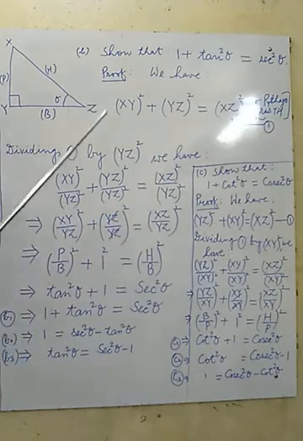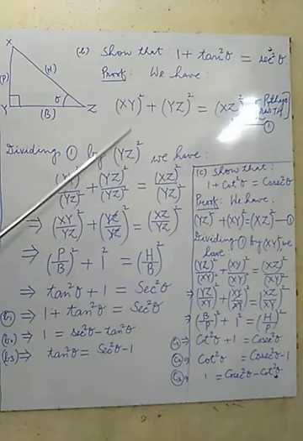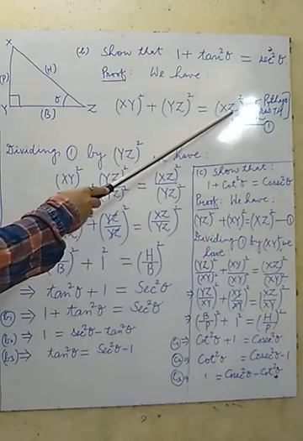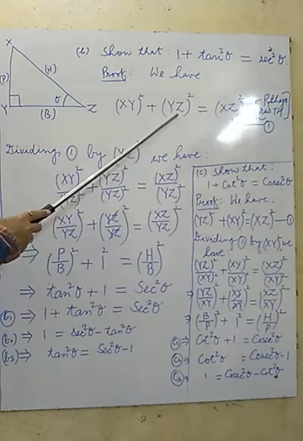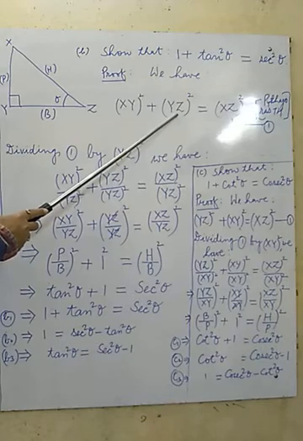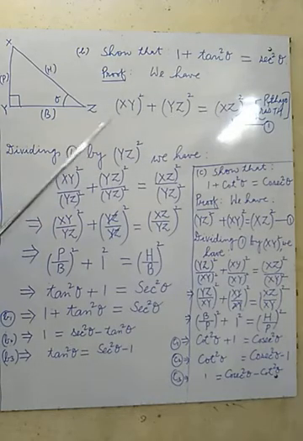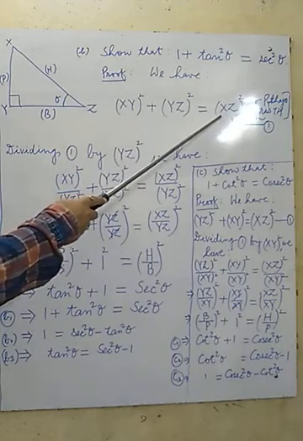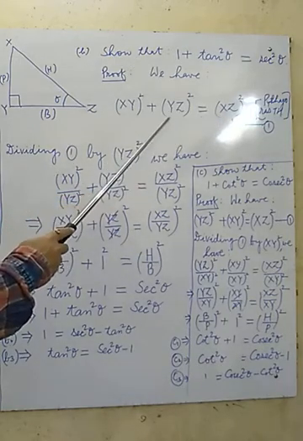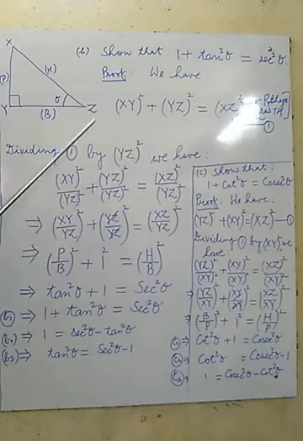So now this equation number 1, firstly we had divided by XZ whole square. Now we have to divide by YZ whole square. Both of the sides will be divided by YZ whole square. See what happens? Left side will be divided by YZ whole square. Similarly, the right hand side will also be divided by the same YZ whole square. Now see, by dividing what is there?